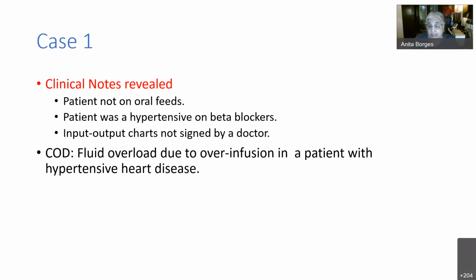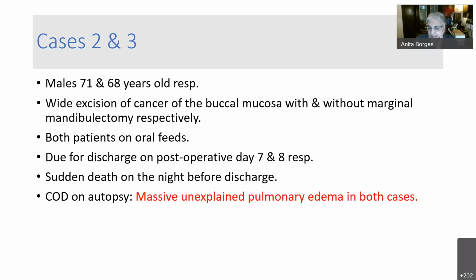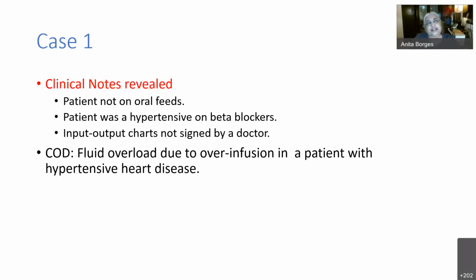So it was a combination, I would say, of a heart that was pumping against tremendous pressure. Of course, he was on beta blockers and so on. And he was given so much fluid that the heart just could not cope with the kind of pressure it had to overcome. The left ventricle failed, and this was left ventricular failure in a patient who had fluid overload.